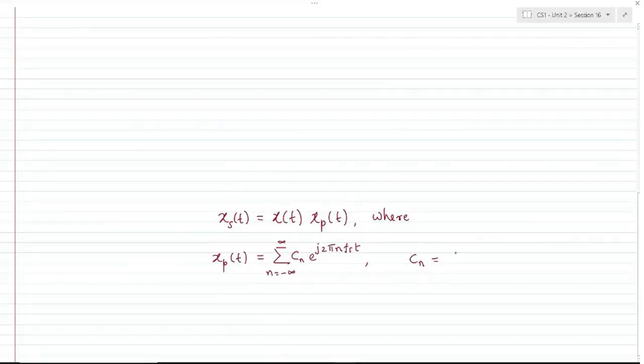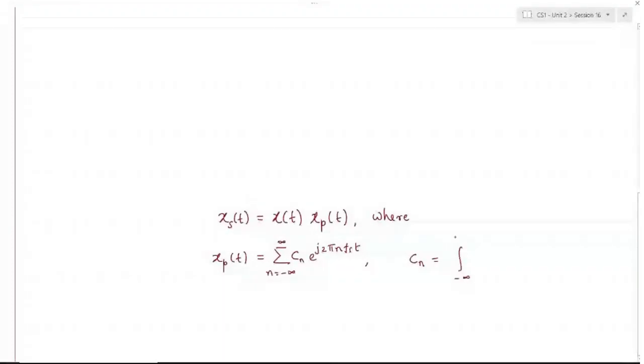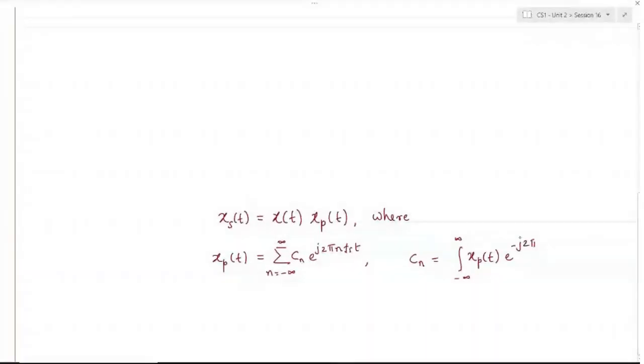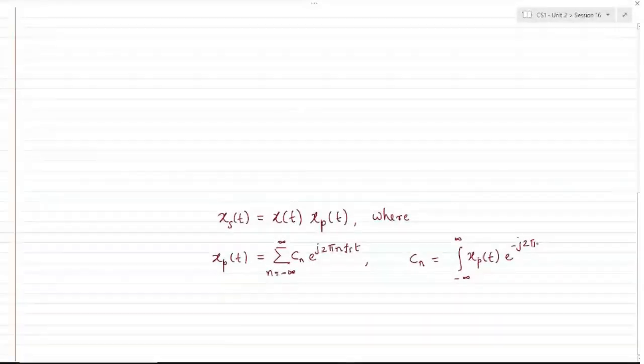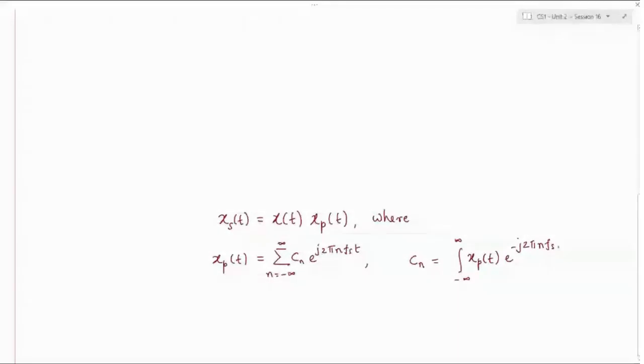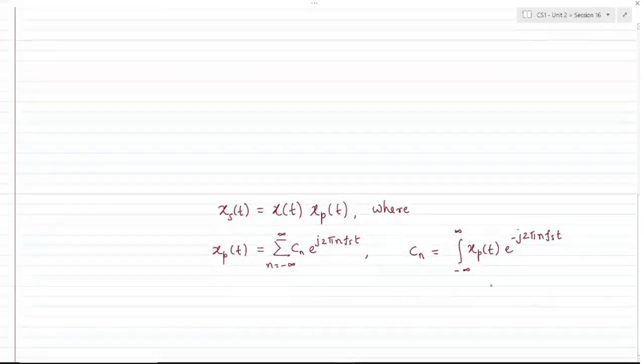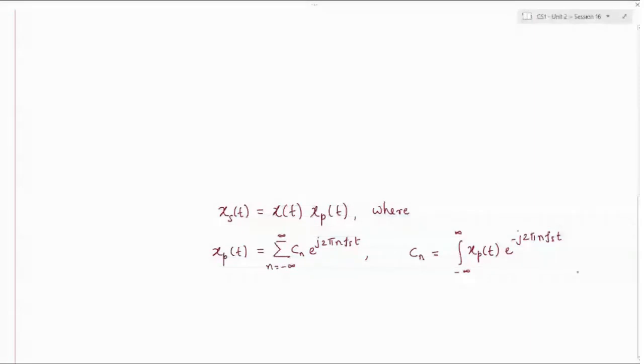Cn is obtained by the integral of xp of t e power minus j 2 pi n fs t. It will not run from minus infinity to infinity because we have taken one duration of xp of t, which will last for a finite duration of on period, if I take tau as its on time.